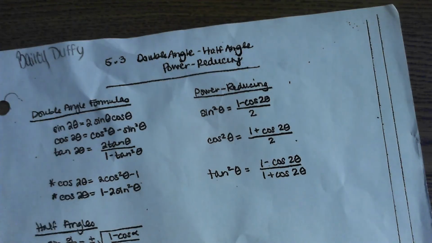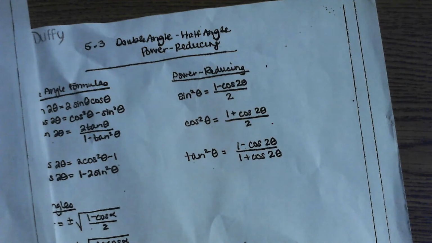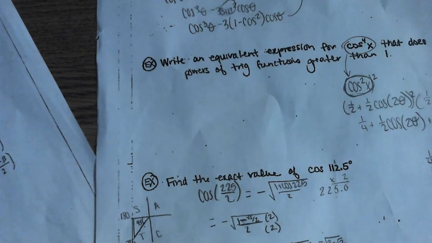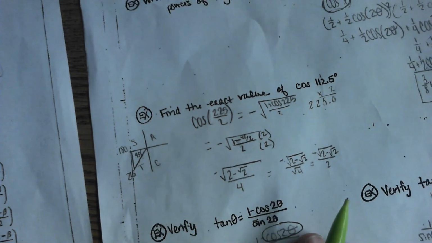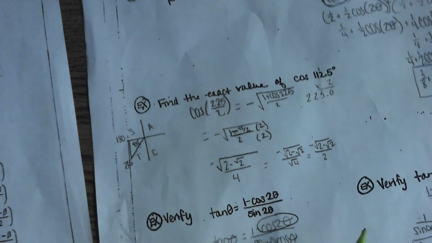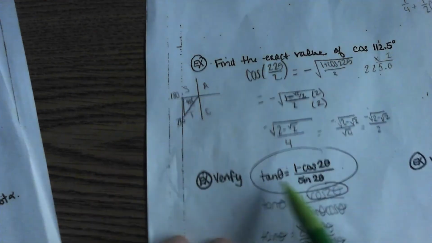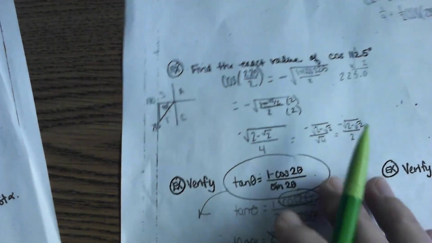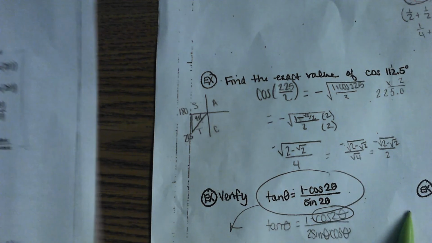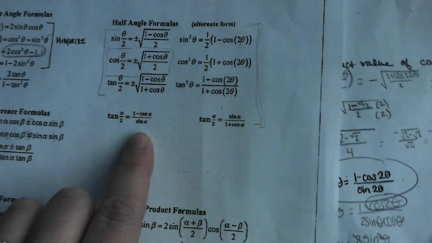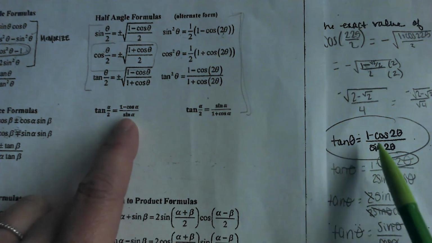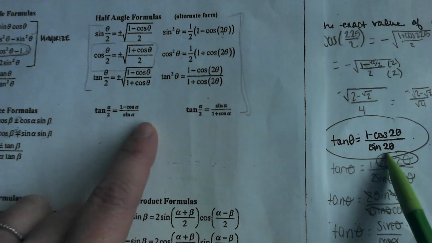By the way, the only person that did this one differently than the double angles is Nate. What he did was he looked at this same one, saw 1 minus cosine of something over the sine of something.